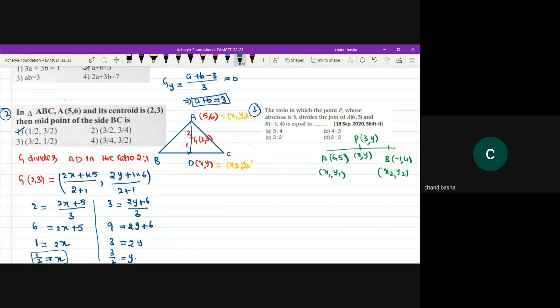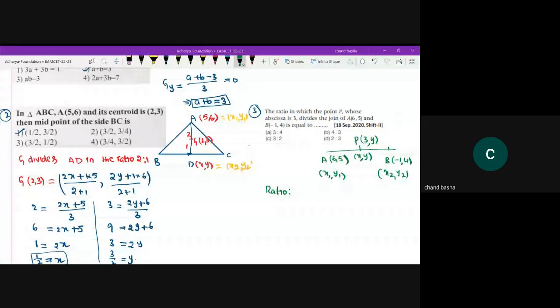When the ratio is not given, how to find the ratio? Anyone? Does anyone remember the formula to find the ratio, whenever the ratio is not given but P coordinates are given to you? I gave one small formula in the first class itself at the time of your section formula.